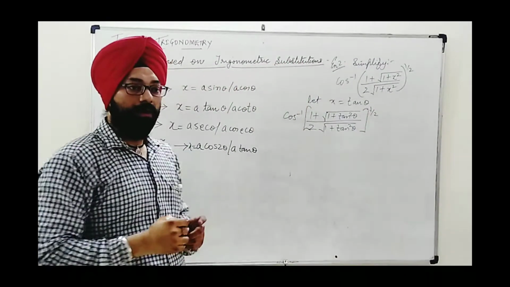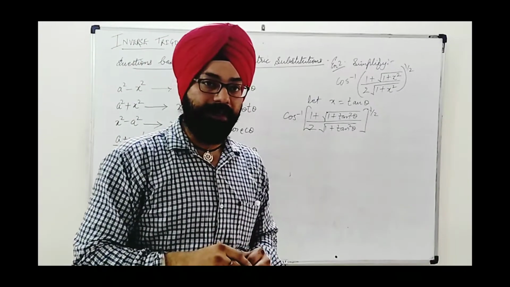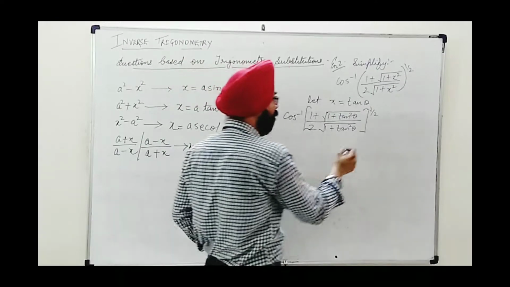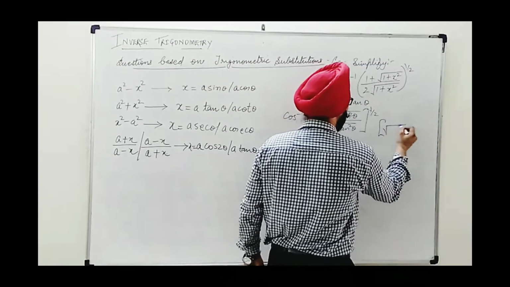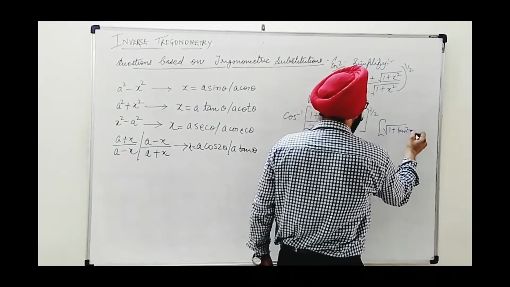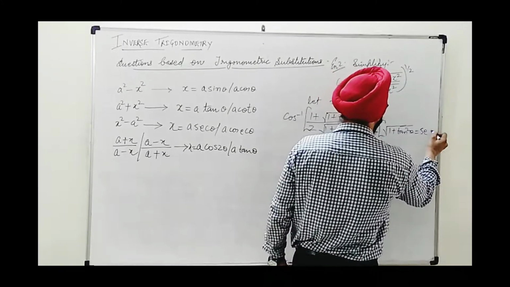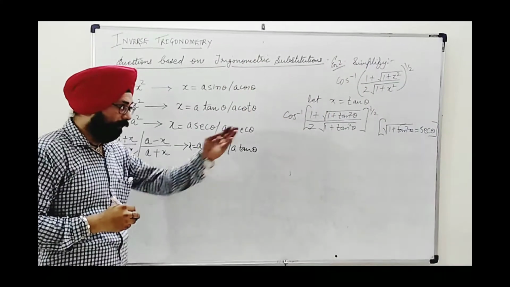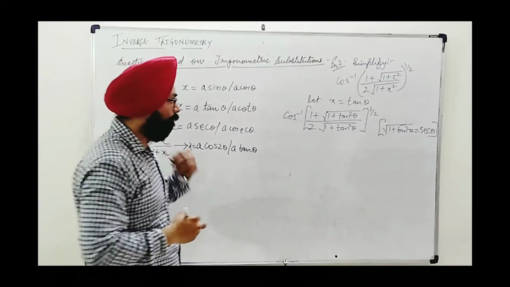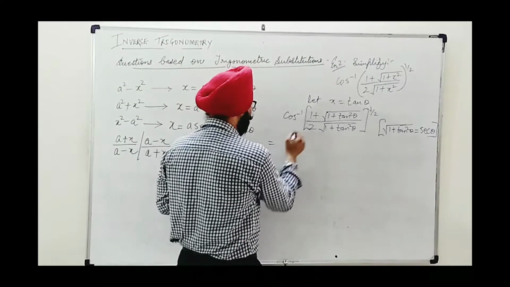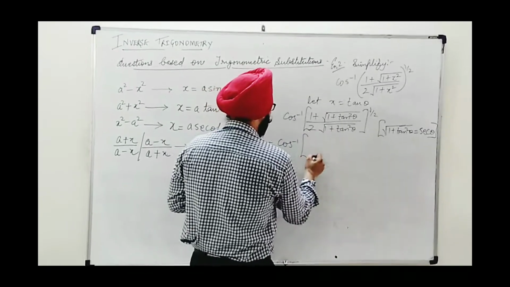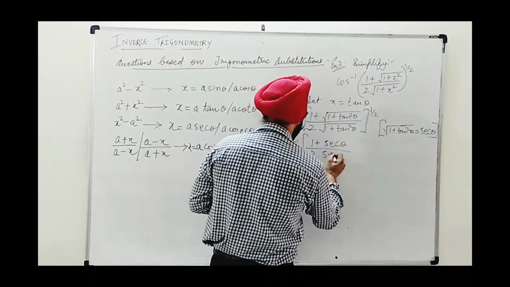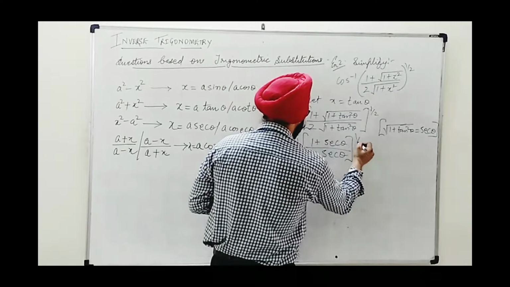We know that under root (1 plus tan square theta) is the Pythagorean identity, which is equal to sec theta. If you don't know, better to mug up. Keep in mind it is from 10th standard. Now this is equal to cos inverse of (1 plus sec theta) upon twice sec theta, and the power 1 by 2.